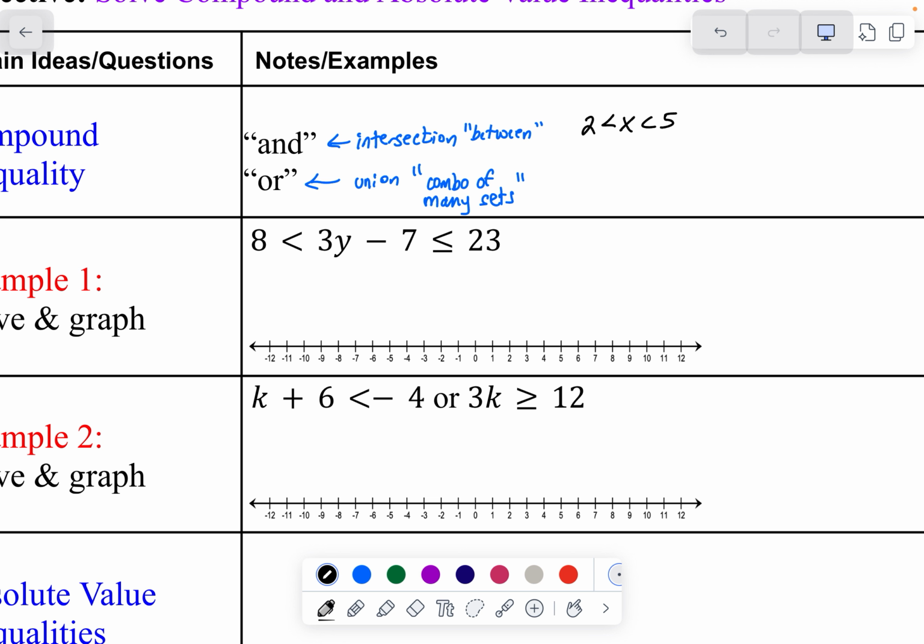If they're not in least to greatest order, there is no solution to that particular problem. For the union, it would be something like x is greater than 5 or x is less than 2. So it's going to be two distinct things. It will be two distinct actual pieces, okay?